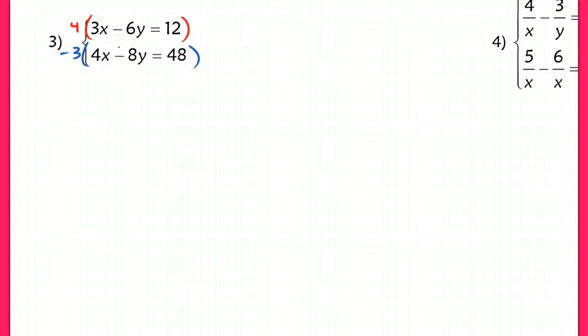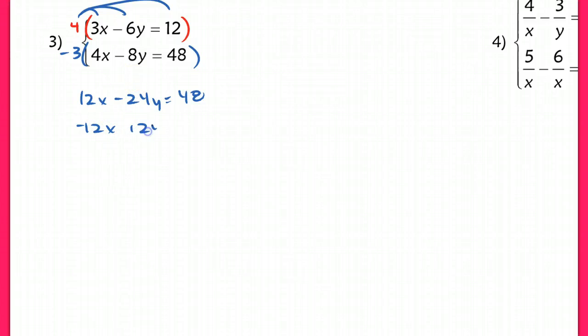You could use 48 though and multiply by 8 and 6, but I'm just going to try to use smaller numbers and make it a little bit easier on myself. So now I distribute, and I make sure I distribute everywhere, and I get 12x minus 24y equals 48. And on the bottom equation I get negative 12x plus 24y equals negative 144.